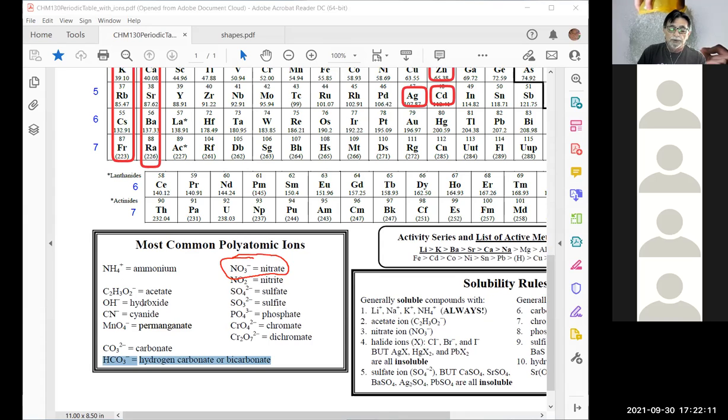We have these polyatomic ions, and we do have one cation, which is the ammonium ion, but most of them are negative. They all have a charge, but we can also come up with a structure for these like we just did.